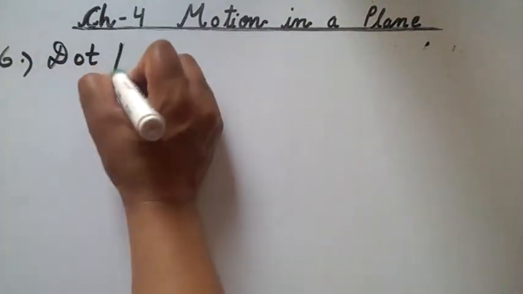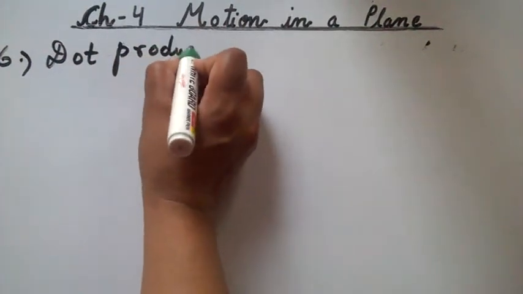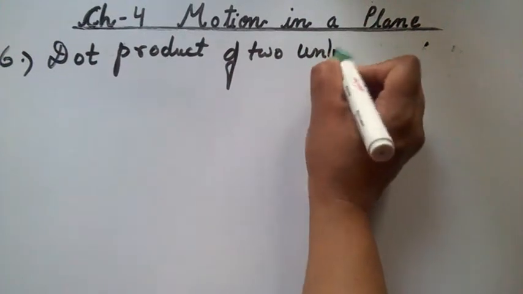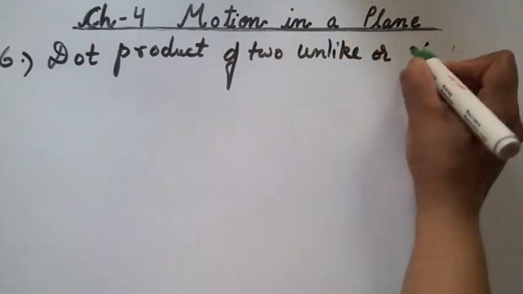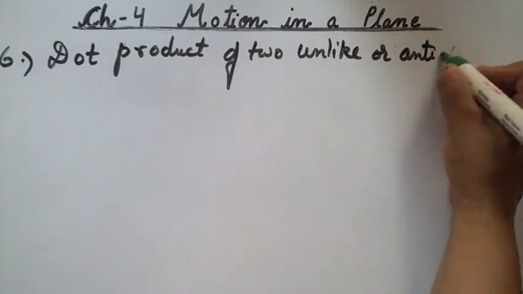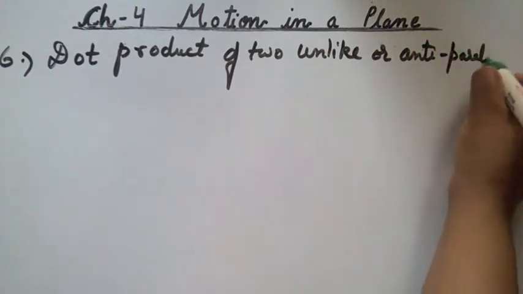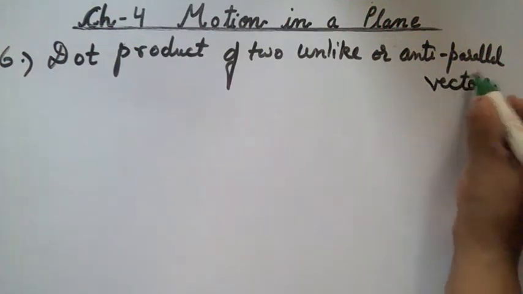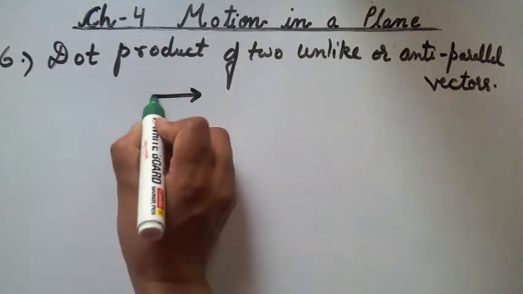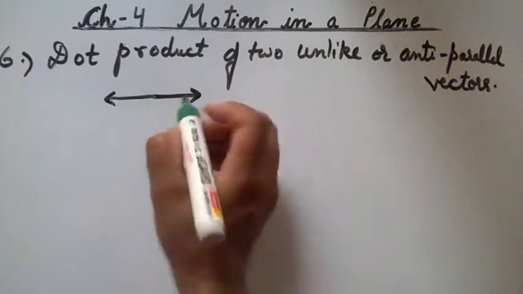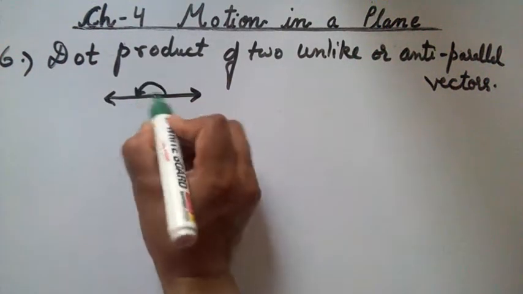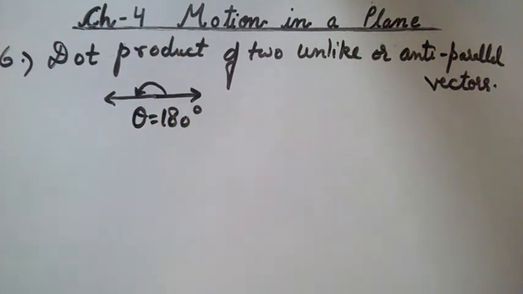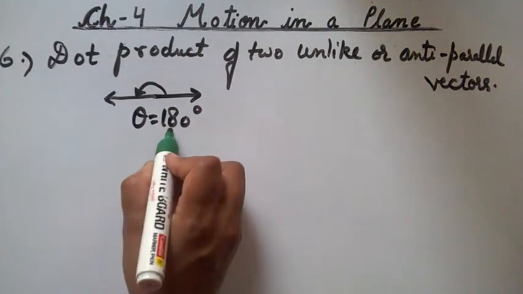Dot product of two unlike or antiparallel vectors, that is, if one vector is in this direction and another is in this direction, the angle between them is 180, and cos 180 is minus 1.